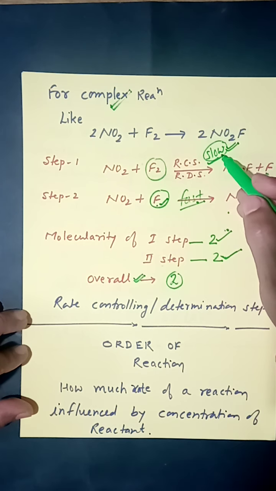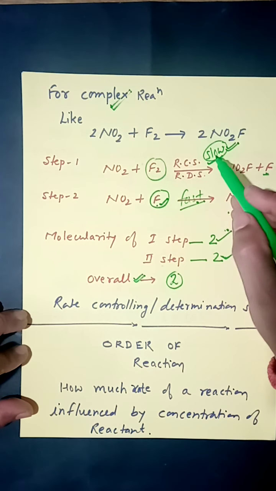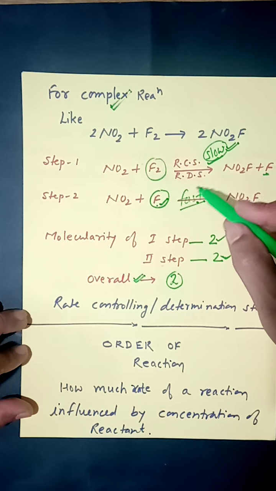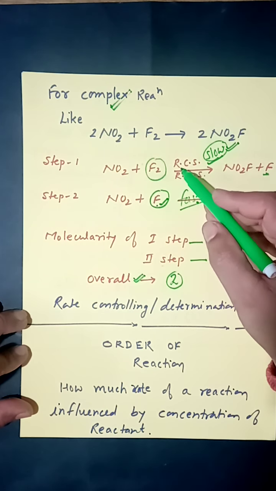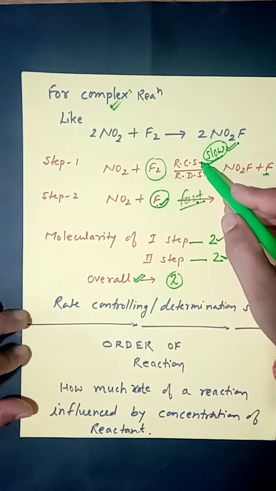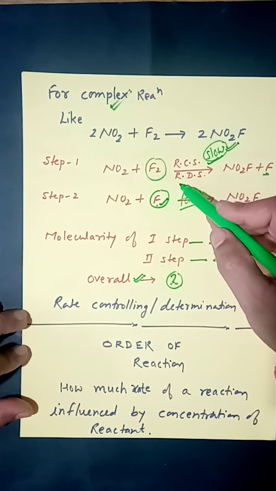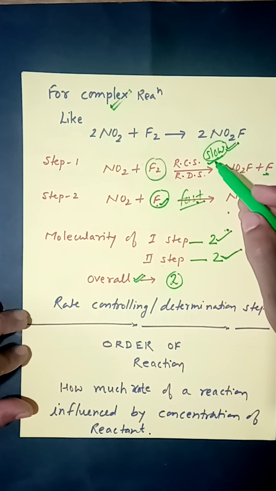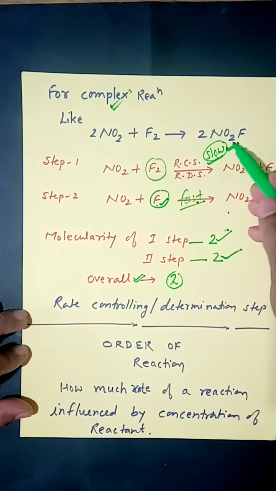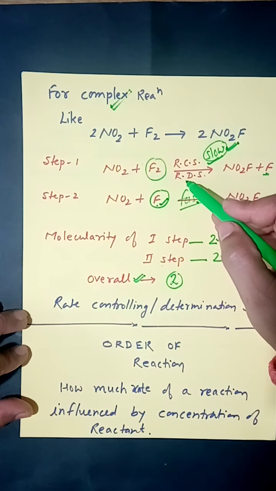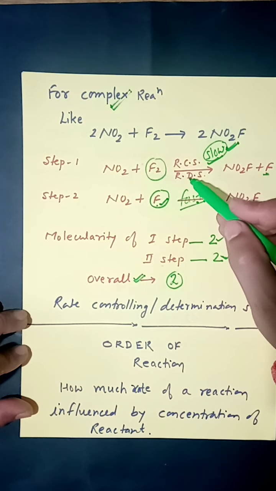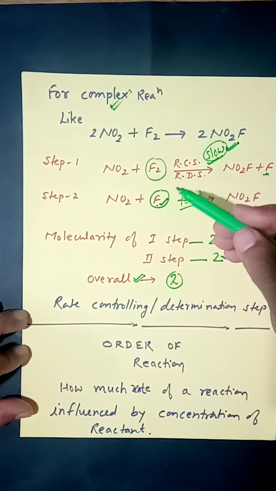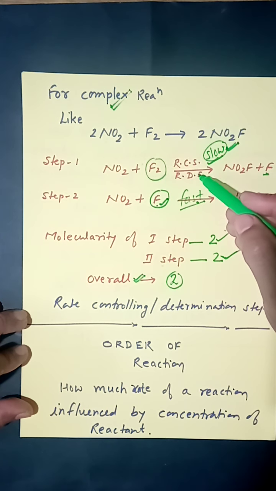Now the slowest step of a complex reaction decides, determines and controls the rate of reaction, and therefore the step is also known as the rate controlling step or the rate determining step. I repeat, in a complex reaction, the slowest step is known as the rate determining or rate controlling step because the same step decides or controls the rate of reaction.